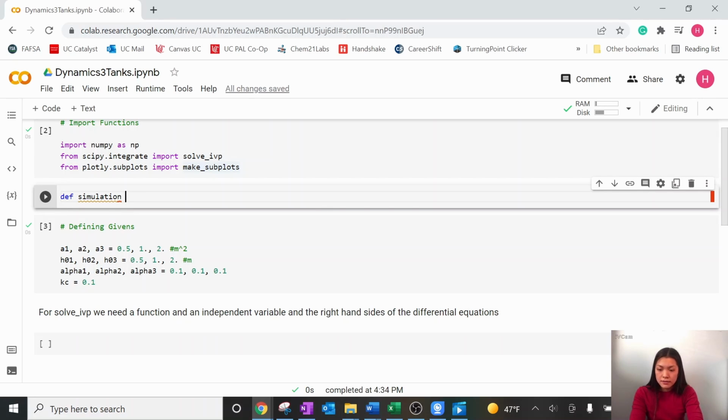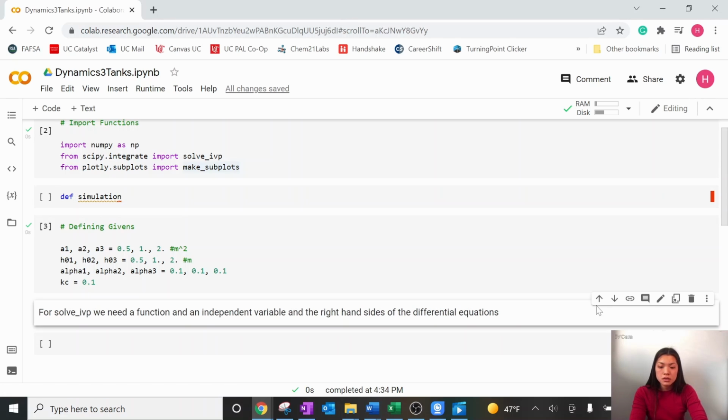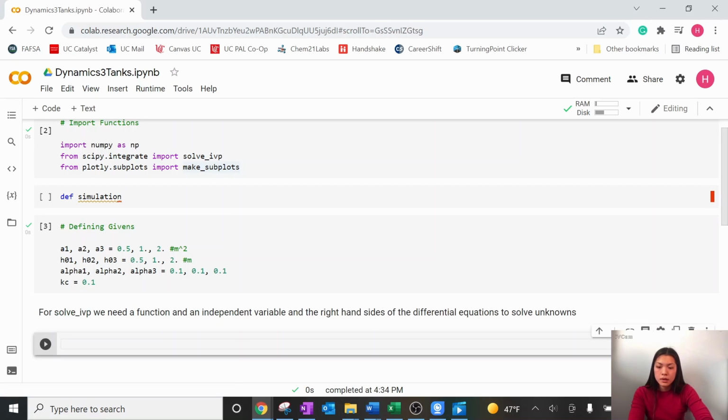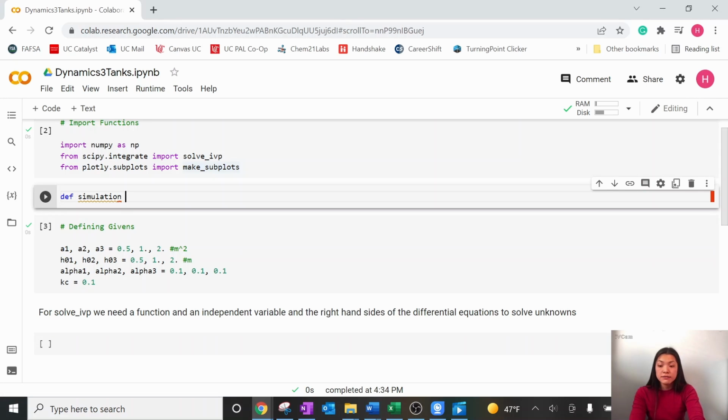And in this function, we need an independent variable and the unknowns. So it's actually going to solve for unknowns. While we define the function, we need to give it an independent variable and an unknown. We will have the independent variable be time, since it's change in fluid height over a change in time.